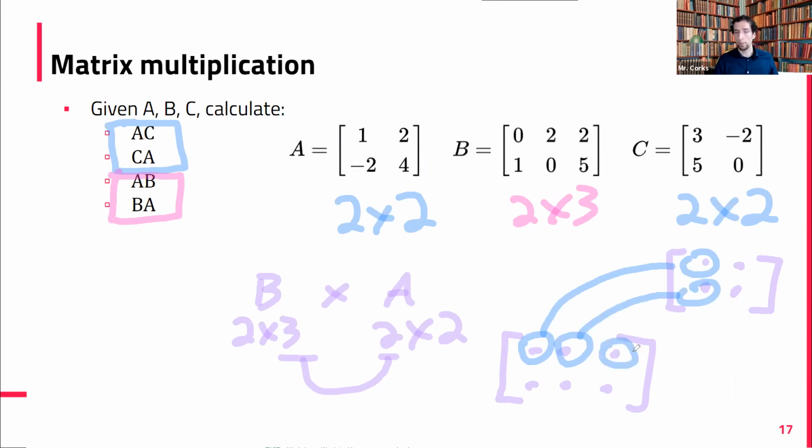But we have a third value, this 2 in the first row of B, and it has no partner, nothing to multiply it by.